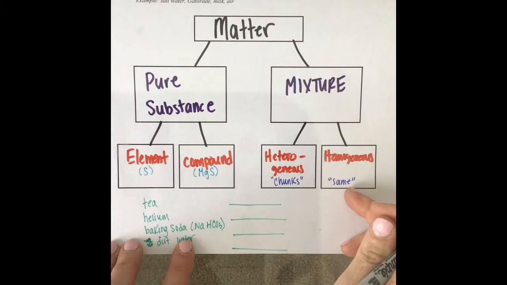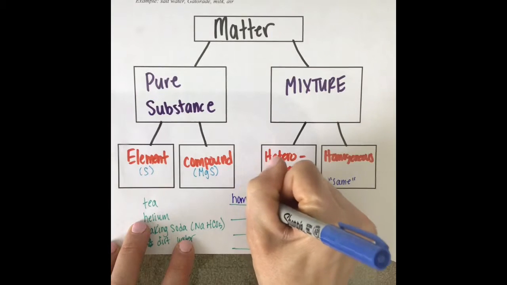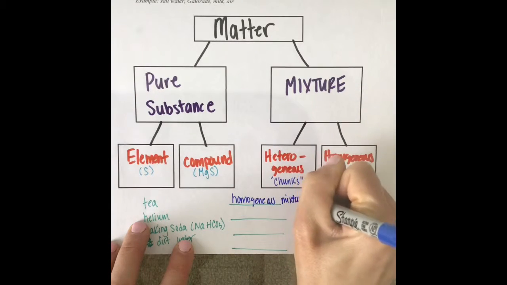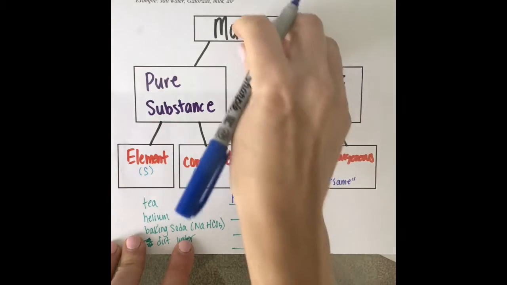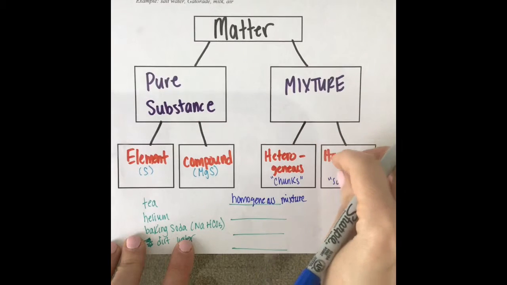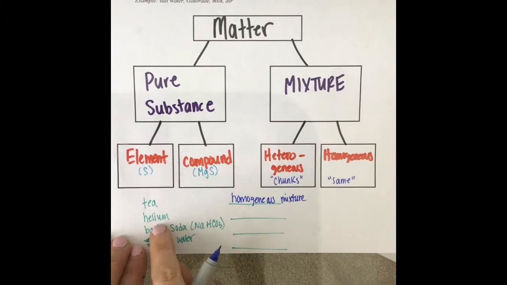And tea, when you look at it, it's a solution. It looks the same. So we're going to call this a homogeneous mixture. Okay, so you start at the top of your chart, very general, and you work down to the most specific that you can classify this.